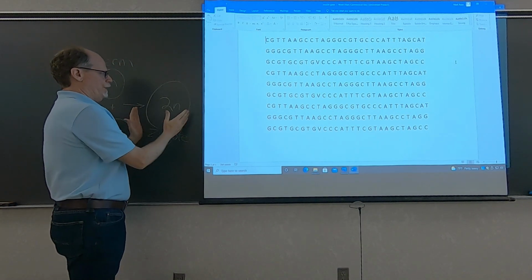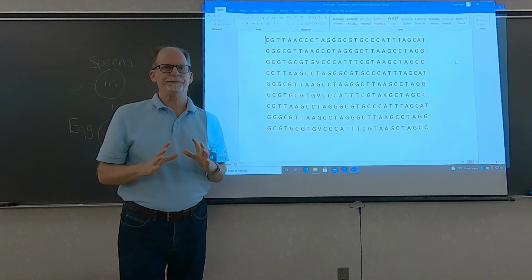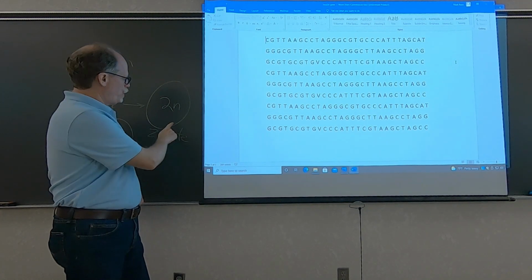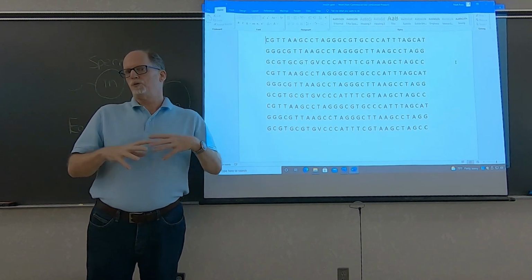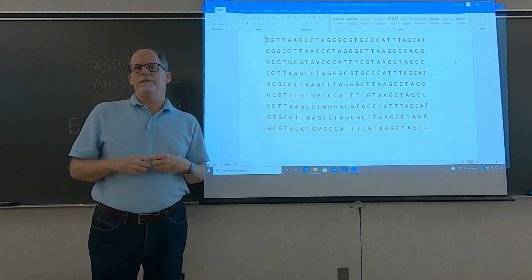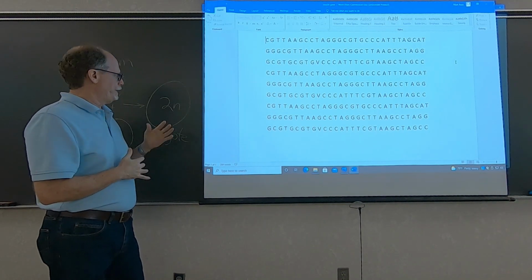They produce a 2N state at fertilization, right? And then this one cell, through mitosis, becomes the trillion or so cells that we find in human beings. That's roughly the estimate.